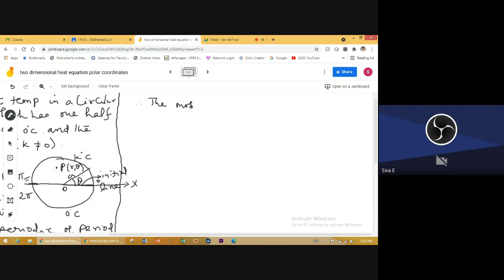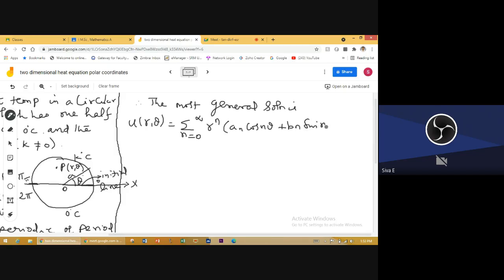The most general solution is u of r comma theta equal to summation of n equal to 0 to infinity r power n, an cos n theta plus bn sin n theta.